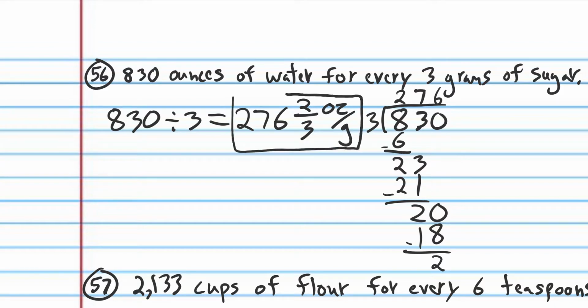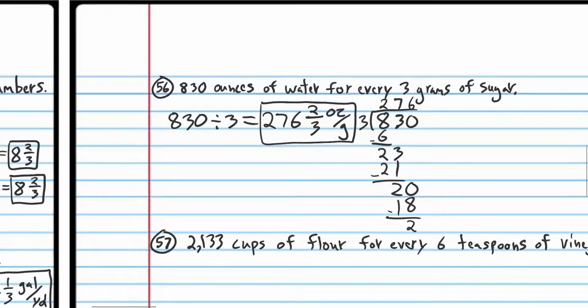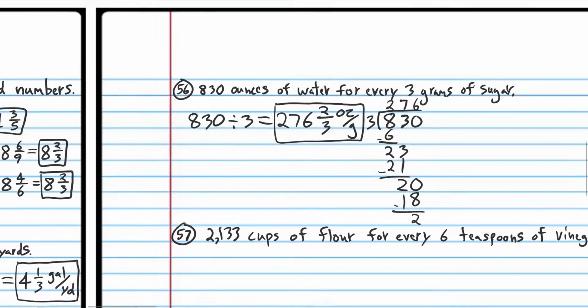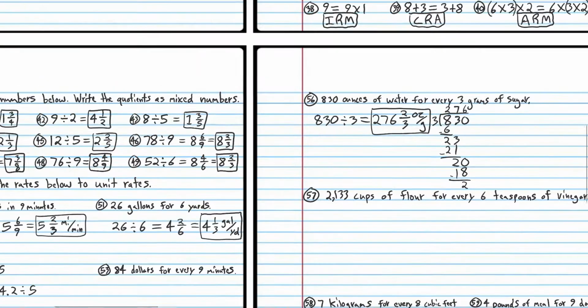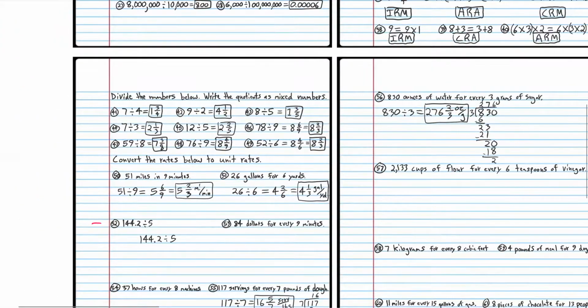Gram is abbreviated as G. Ounce is abbreviated as OZ. So that means 276 2/3 ounces for 1 gram. That's just the notation that means for 1 gram. All right, so that's just a way to write the quotient with a mixed number.